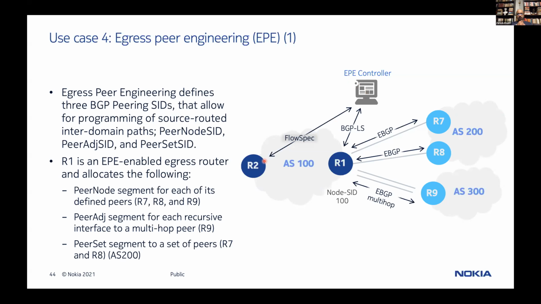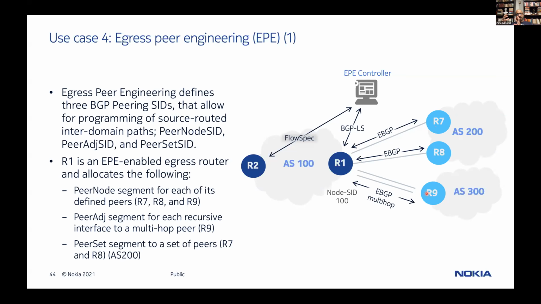Now, egress peer engineering, as I said earlier, and I went through this really quickly, allows you to have three different types of segments. The first one is what I call a peer node SID. So R1 will have a node SID for R7, for R8, and R9. This is how it refers to its BGP peers.